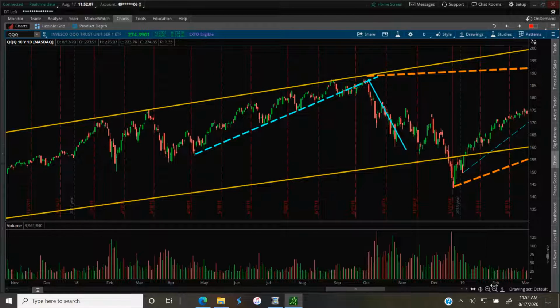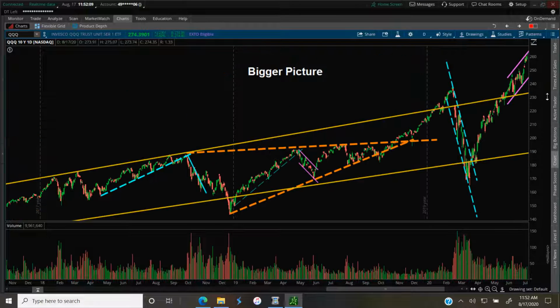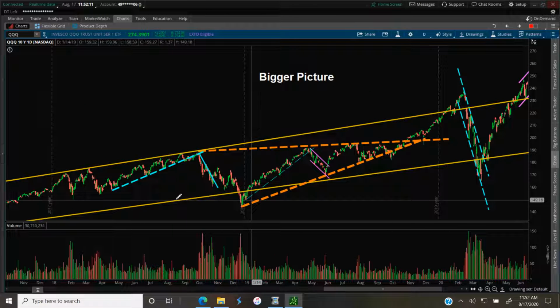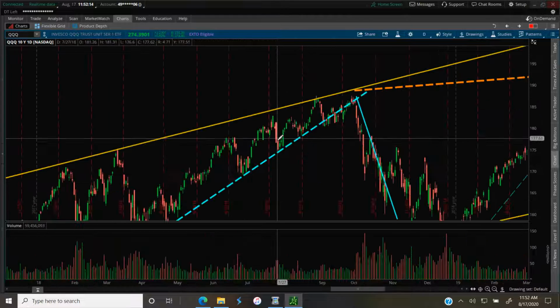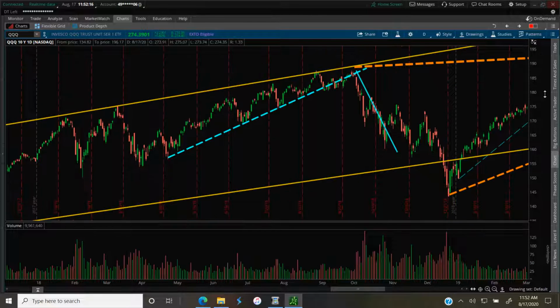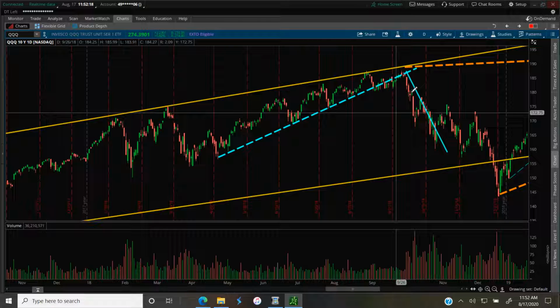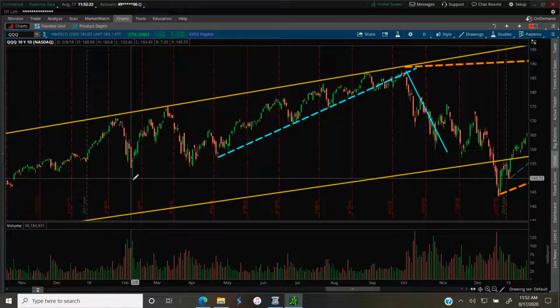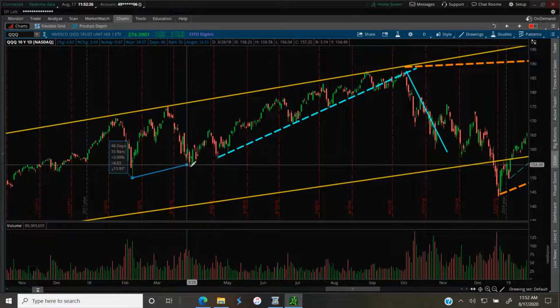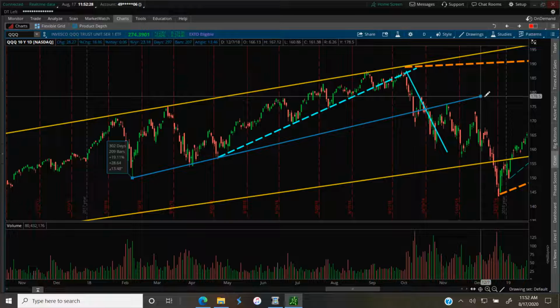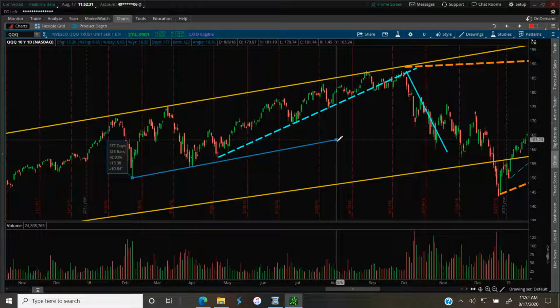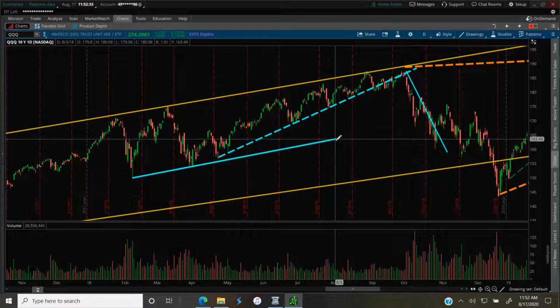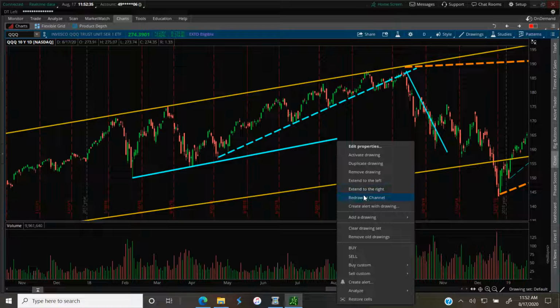Now, how far is it going to go down? Well, you can find out by, we were right here. How far is this going to go down? Well, if you connect your lows, this low and this low, and just extend it to the right.